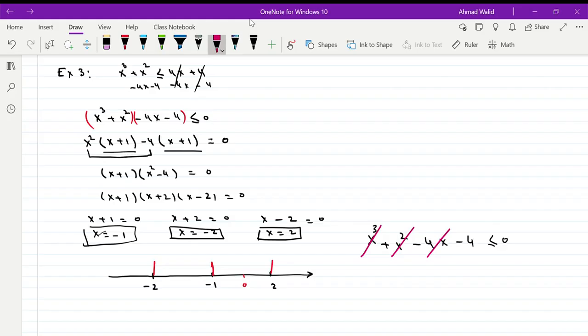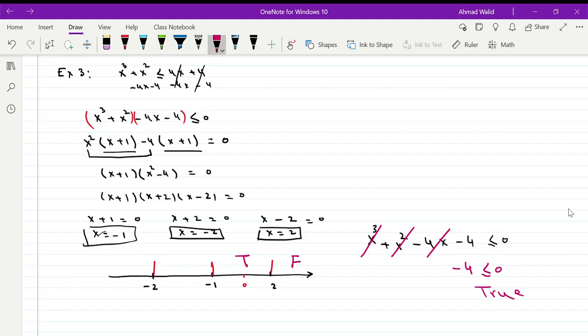We are in college algebra, we know if we plug 0, what's happening, right? The terms that have x, definitely they become 0, right? Then what I end up with, negative 4 less than or equal to 0. Is this a true statement or false? Of course, true. Then this part is true.